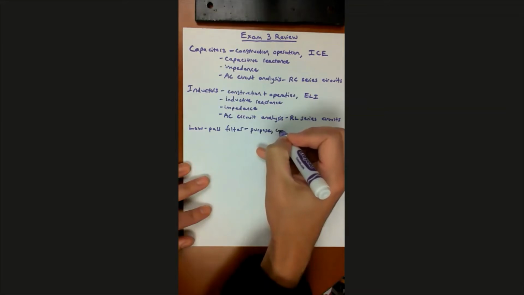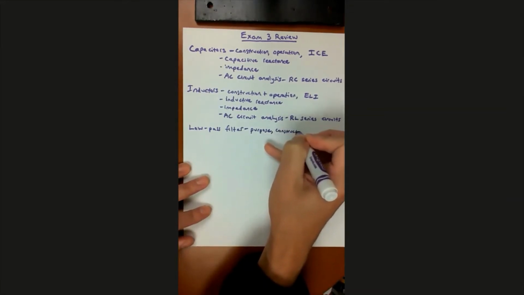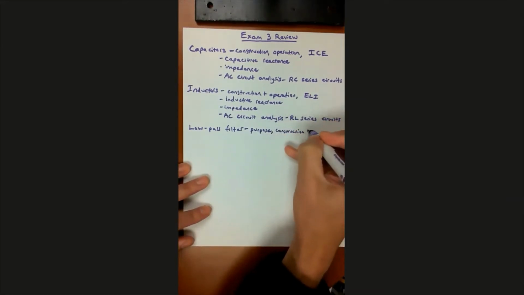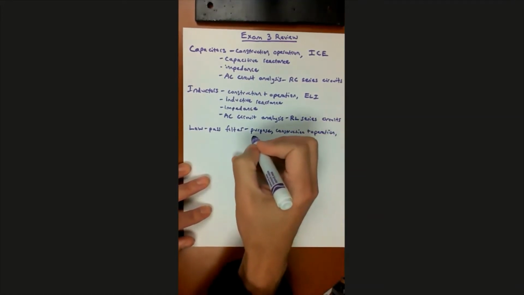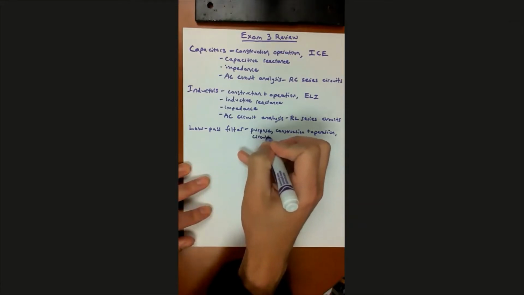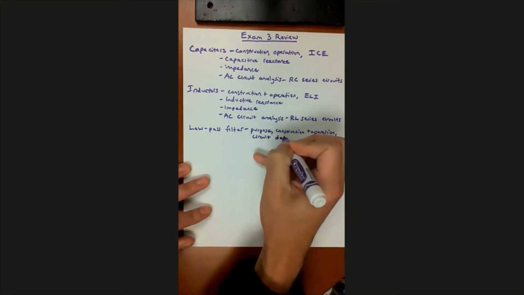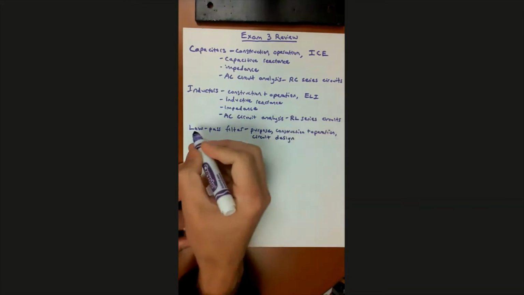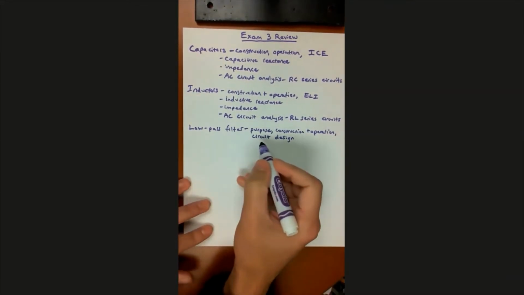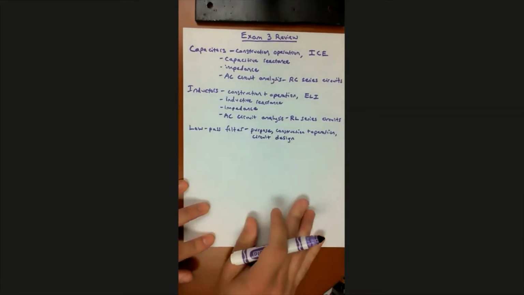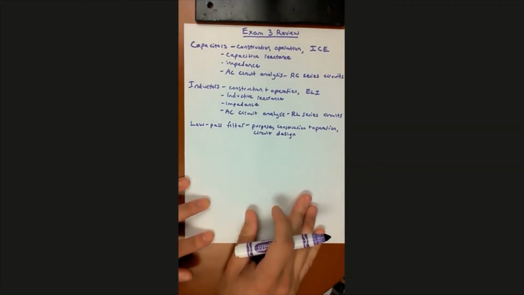The construction and operation, how it works, and the circuit design. You should be able to design a circuit that is a low-pass filter, either an RC or an RL low-pass filter circuit. You should be able to design one. They're not too simple to construct.